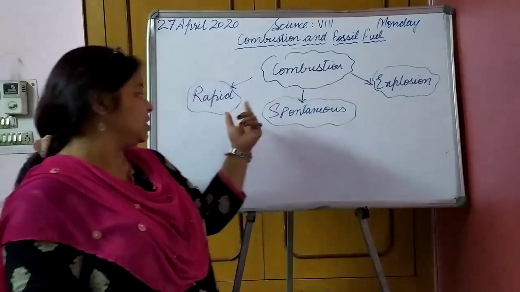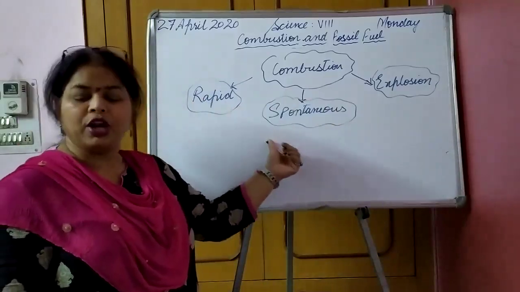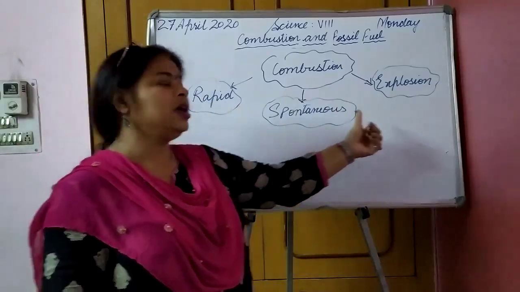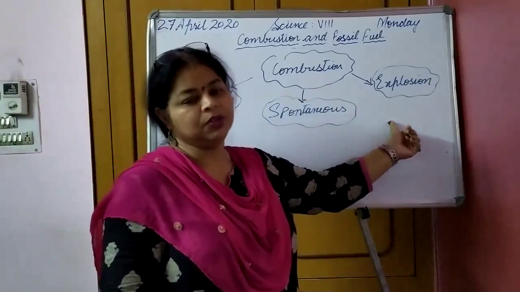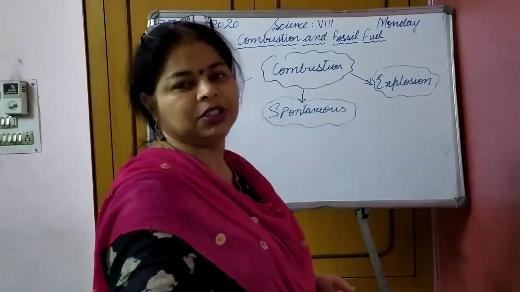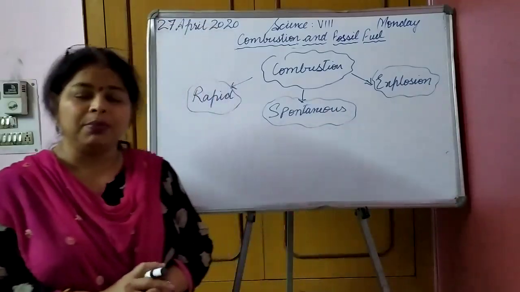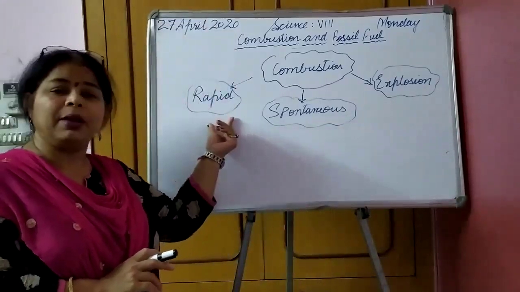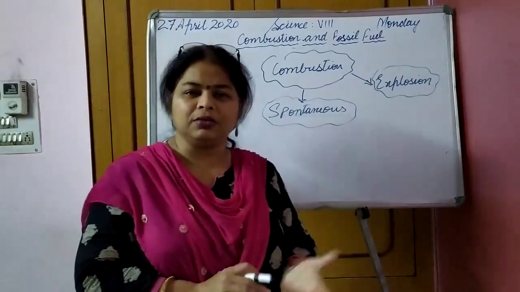Okay, so let us again see rapid combustion, spontaneous combustion, and the explosion combustion. So let us discuss the first one, that is rapid combustion. What does rapid combustion mean? The word rapid means very fast, rapidly, quickly.